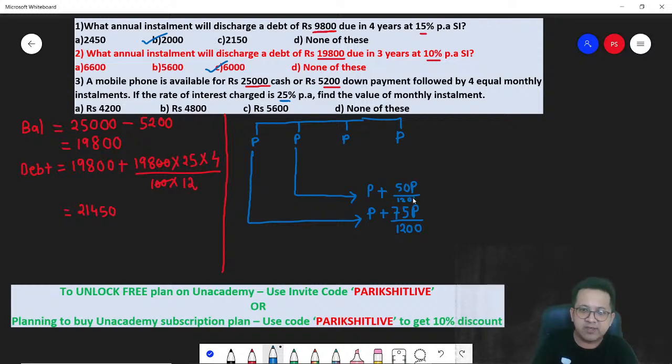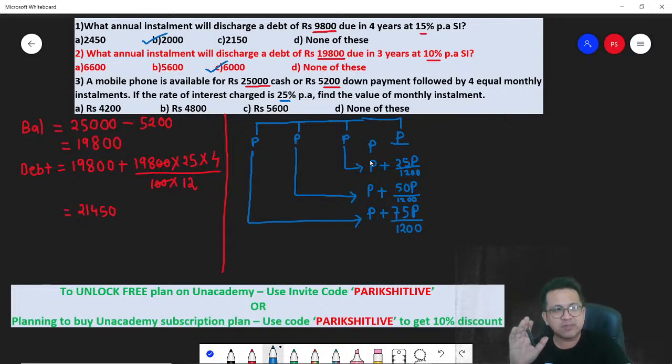Why? Because at the end of the day, this is monthly. Similarly, you return money at the end of 3 months. The bank has got it 1 month in advance. So it will take your money, put it in their savings account. So 25P by 1200. And then finally, the last month, whatever you return, the bank cannot do anything with that because you return just in time. So no interest is possible on that.